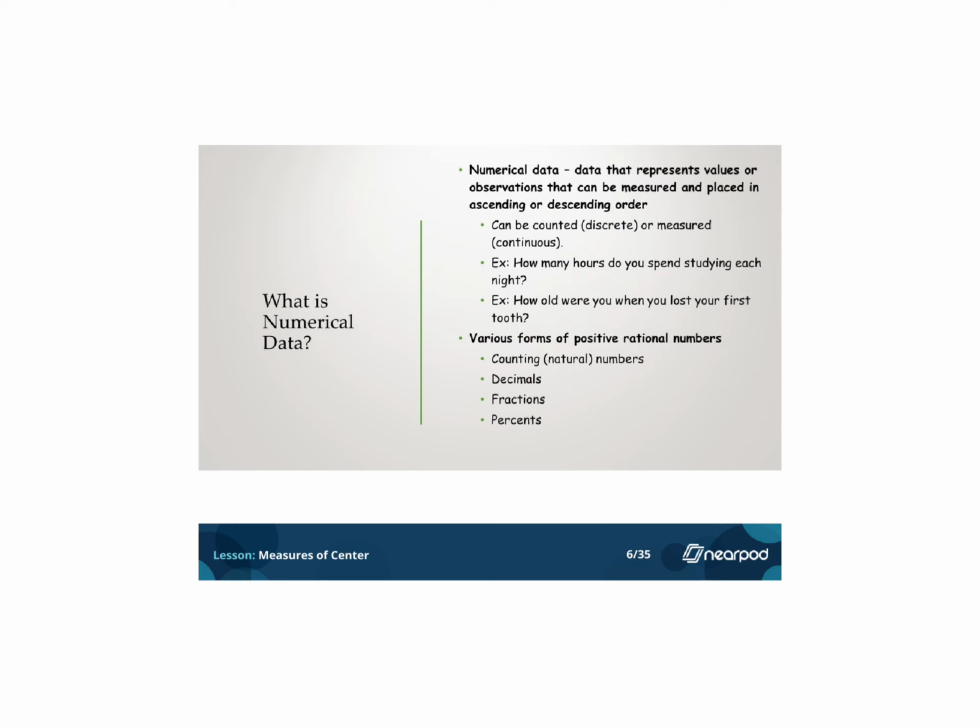Our next slide. What is numerical data? Numerical data represents values or observations that can be measured and placed in ascending or descending order, can be counted, discrete, or measured, continuous.